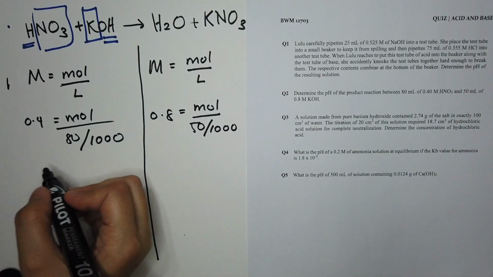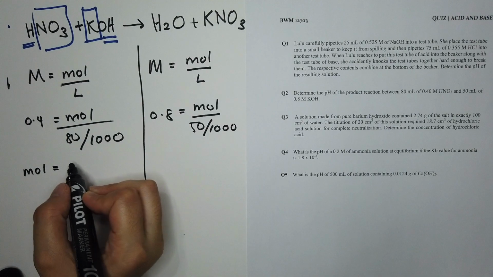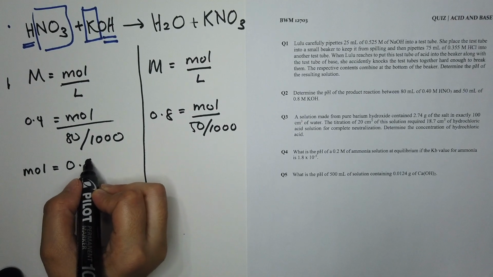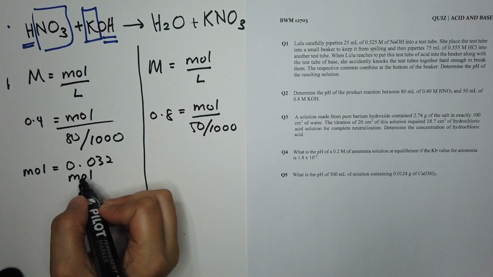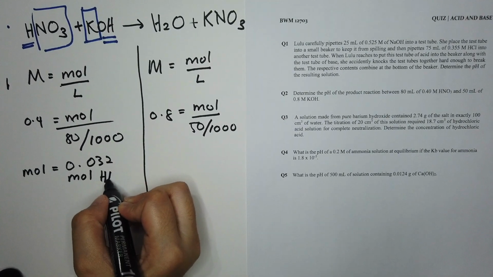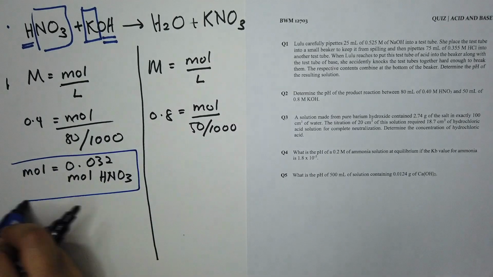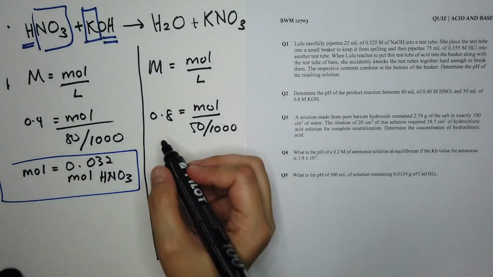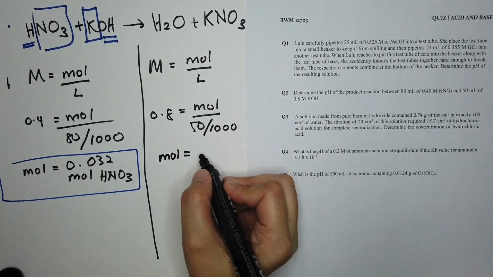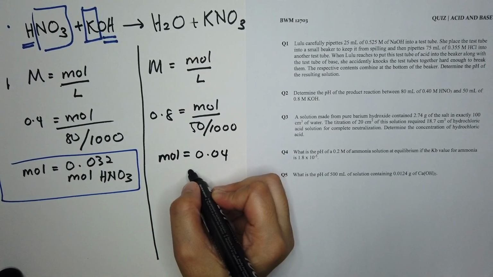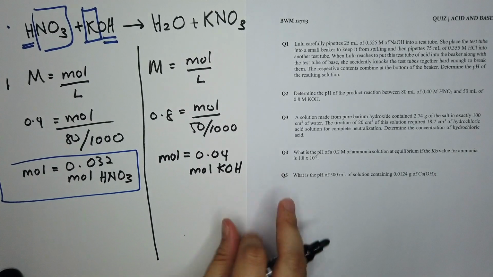So from here you will get your mole equivalent to 0.032 mole of HNO3. So this is the first one, and the other one you will get the number of moles equivalent to 0.04 mole of KOH.